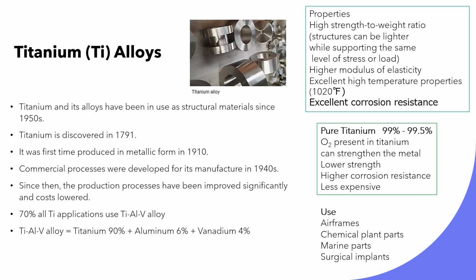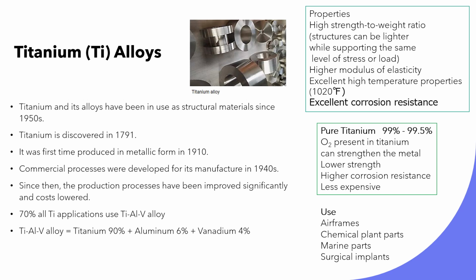Pure titanium goes from 99 to 99.5% pure. You will usually see oxygen in the titanium, and that oxygen can strengthen the metal. They also have lower strength titanium, with higher corrosion resistance, and they're less expensive.